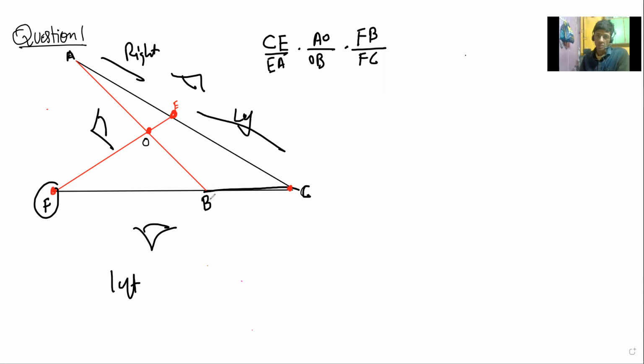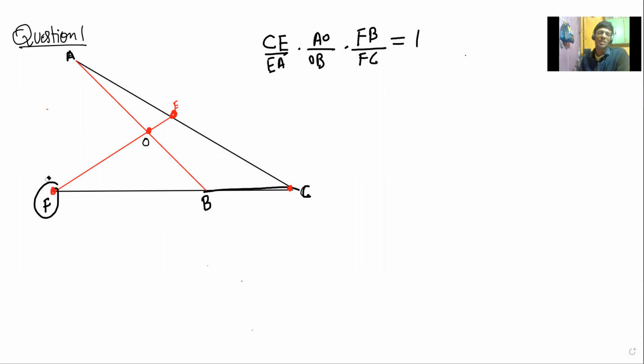FB, because B is to the left of C, so FB, and right is FC. So again, I'm following the convention, writing left on the top and right on the bottom. Obviously, to do it the other way should be the same, conceptually. And that's why this product of ratios should be 1, right? And so it is 1, no doubt.